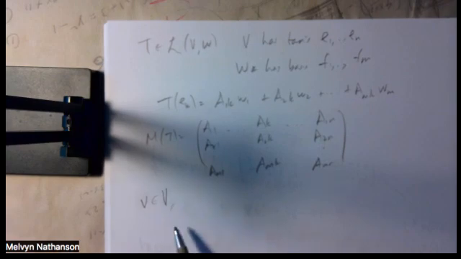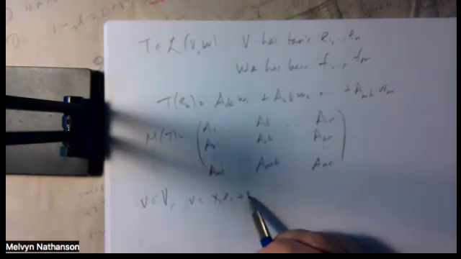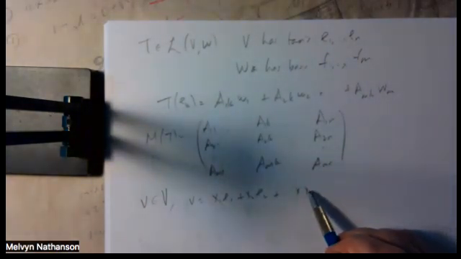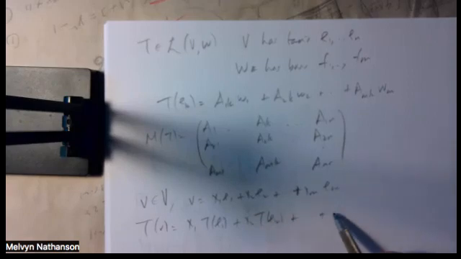And so let's go through the following calculation carefully. Suppose I take a vector v in the vector space V, and suppose v is a linear combination x1 e1 plus x2 e2 up to xn en. So T of v is going to be x1 T of e1 plus x2 T of e2 up to xn T of en.